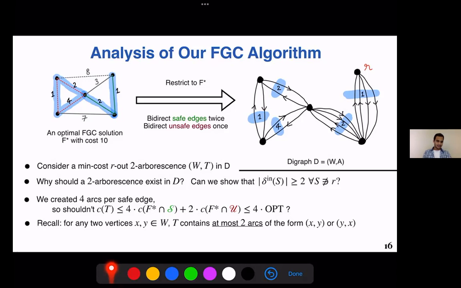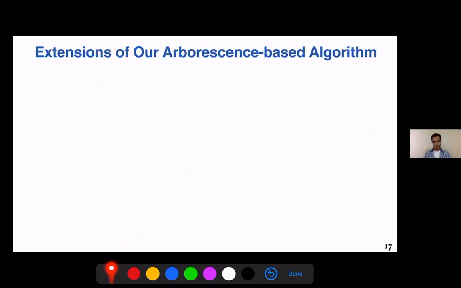Recall something that I mentioned earlier, that for any 2 vertices in this digraph, a k arborescence uses at most k arcs with endpoints x and y. So if we do this calculation now by using this property, we'll get the required 2 approximation.